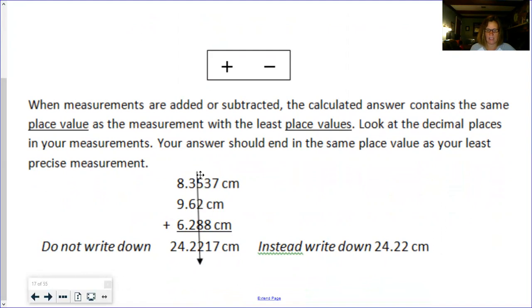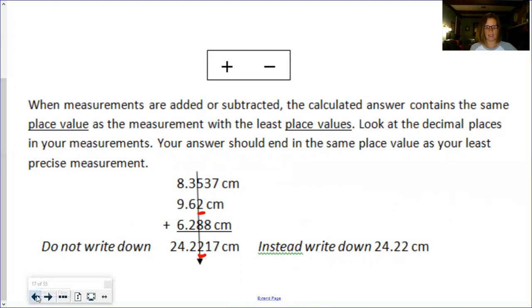When we take these three numbers and add them together, 9.62, that 2 in the hundredths place, is the least precise of the data we're working with. So when we get our answer on our calculator, we have to round to the hundredths place. We are going to have to use this rule when we use the percent error formula.